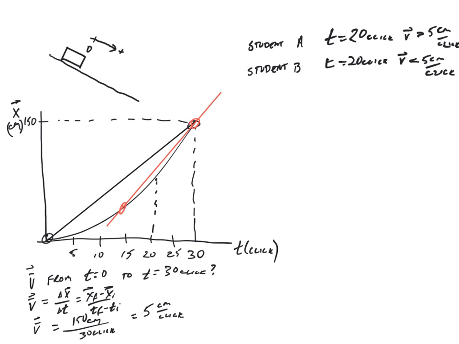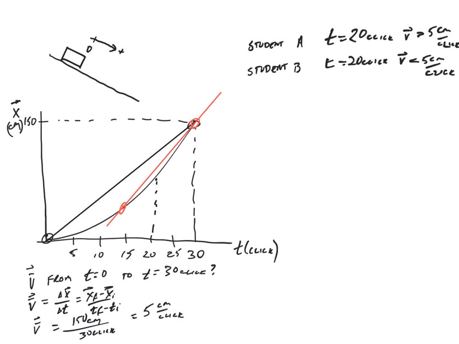And the slope of that connecting line tells me the average velocity from time 15 clicks to time 30 clicks. You can already see with your eyeballs that the slope of that line is bigger than the slope of the line from time 0 to time 30. So my average velocity for the second half of this trip is bigger than the average velocity for the whole trip.